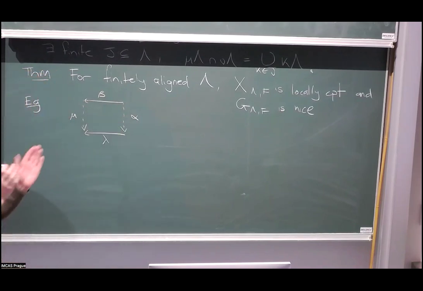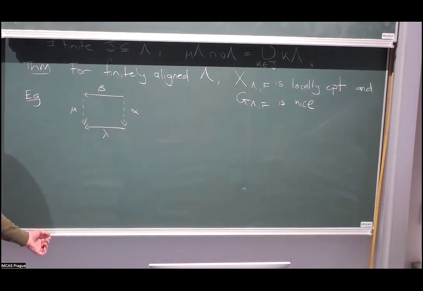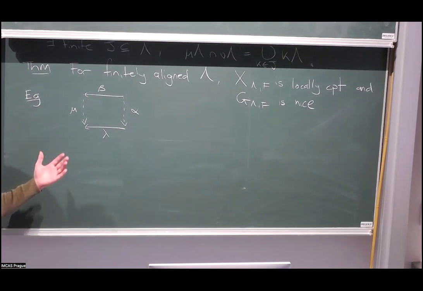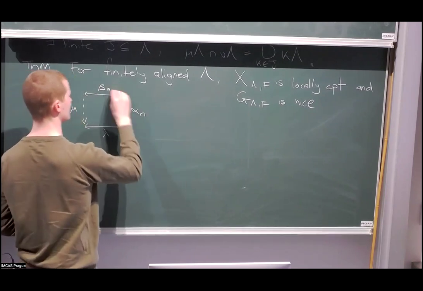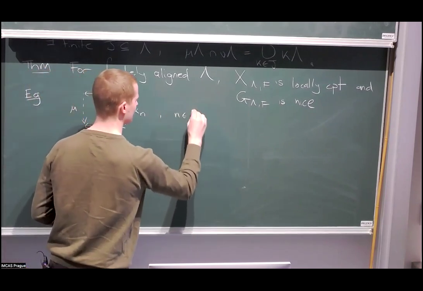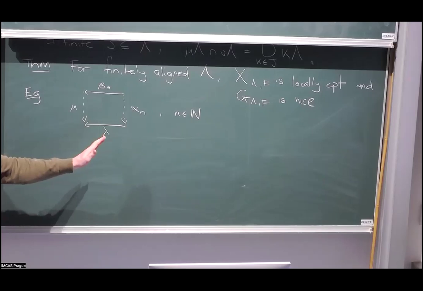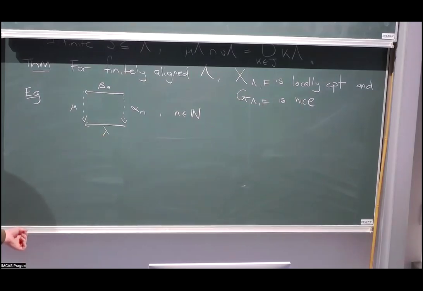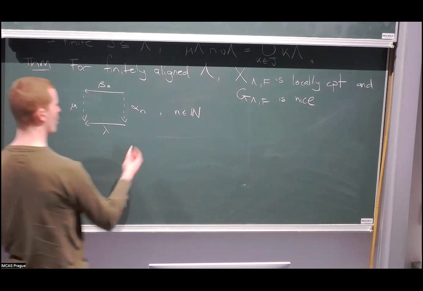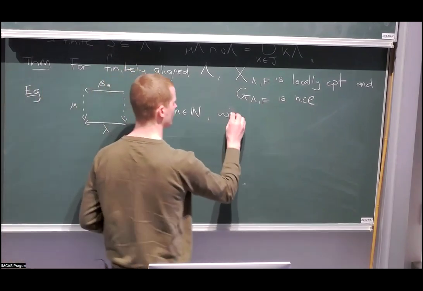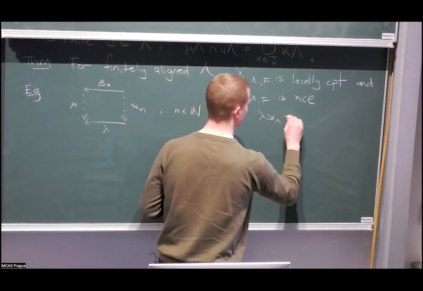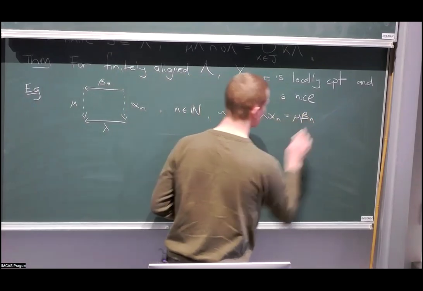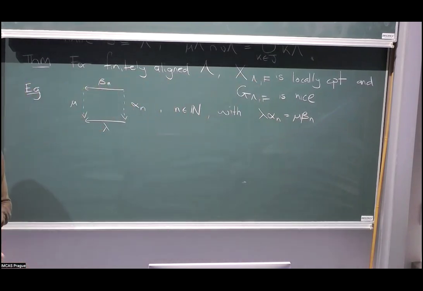If we have something similar to what we had before, a sort of skeleton of a higher rank graph, but we ask for there to be infinitely many edges, countably many, on the top and the right-hand side here, and we impose the relations that lambda alpha n is equal to mu beta n for all n, then this thing is no longer finitely aligned.